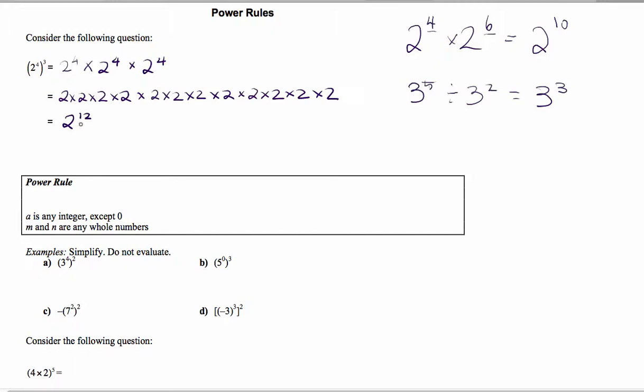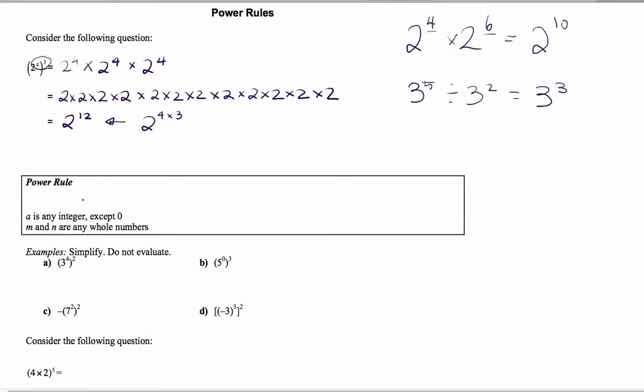If we take a moment and look back to what we had in terms of our exponents here, 4 and 3, how can we get 12 from 4 and 3? Well, 4 times 3 gives us 12. So this is actually the same as 2, and if we take 4 and multiply it by 3, we'll get 2 to the power of 12. And this is actually what we call the power rule.